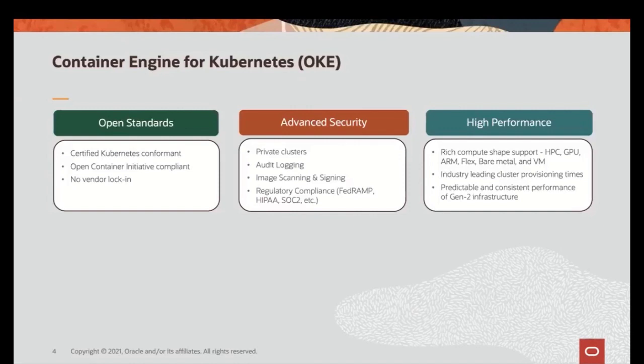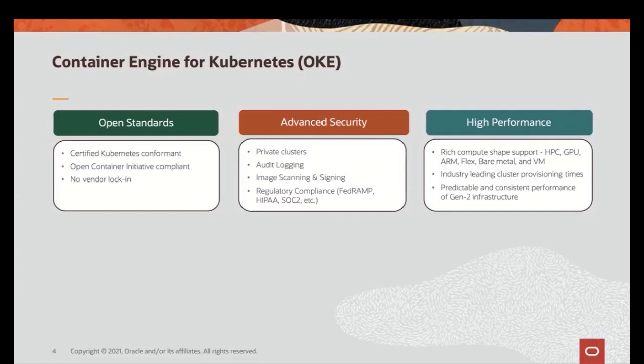In addition, you have a rich catalog of shapes, HPC for high performance computing shapes. You get GPU shapes to run machine learning or video processing workloads. You get ARM processor architecture processors for your shapes.